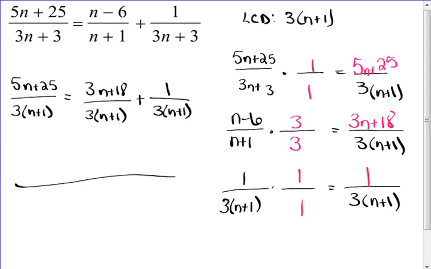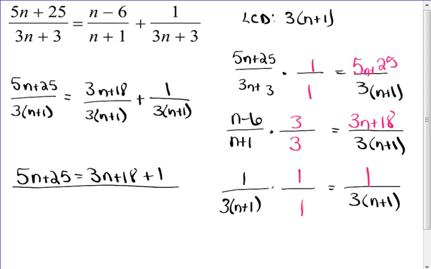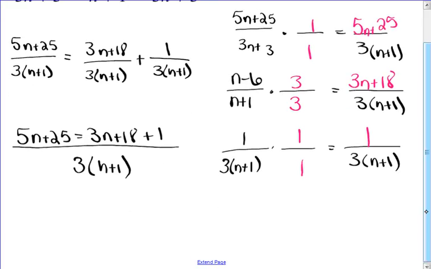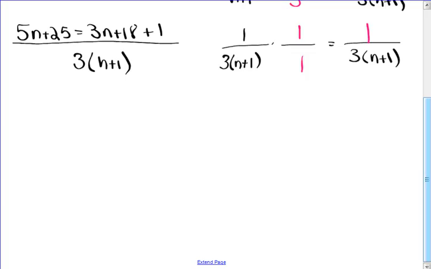So this becomes 5n plus 25 equals 3n plus 18 plus 1 over 3n plus 1. That means all I need to solve is this. 5n plus 25 equals 3n plus 17.